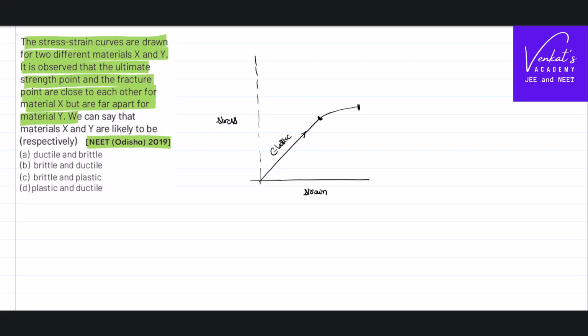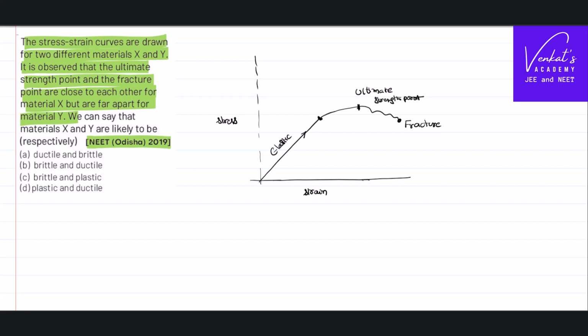Somewhere you will get a point called the ultimate strength point, which is the maximum strength that the wire can bear and behave in a rational way. Beyond that, even if you increase the stress a little, strain becomes large, the wire's behavior changes, and somewhere it breaks. That point where it breaks is called the fracture point.